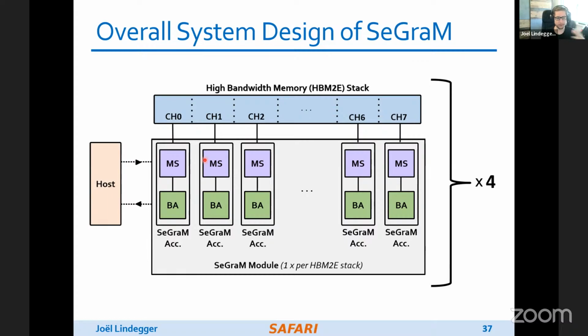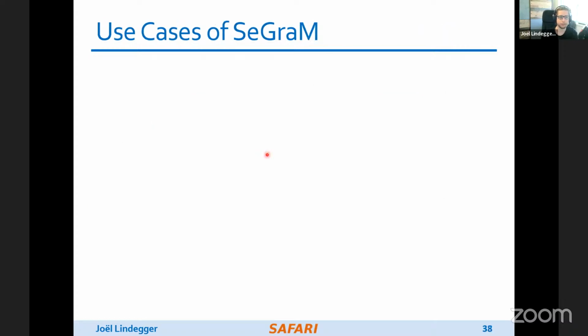Fortunately, this entire mapping process is a data parallel task, so we can just have more accelerators as we want at low cost. We call this one module, and in our evaluation, we consider 4 of these modules, which gives us reasonable throughput for mapping.